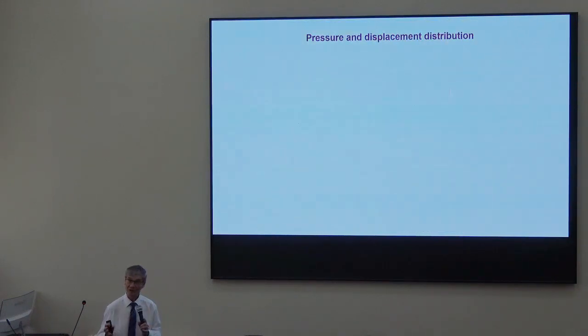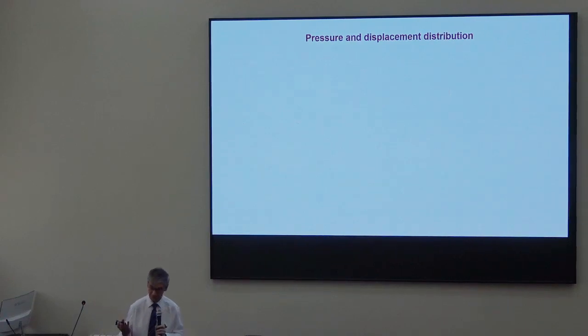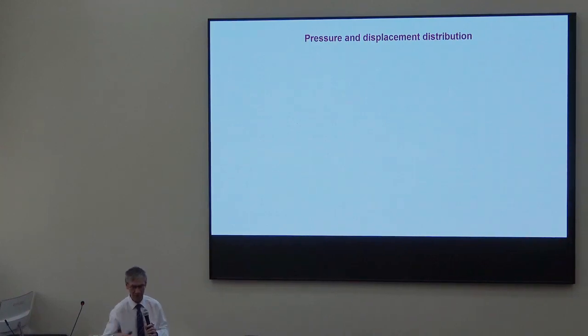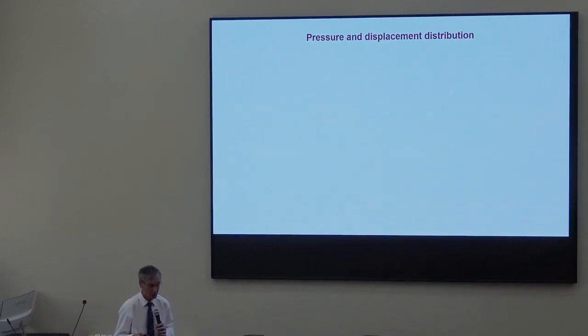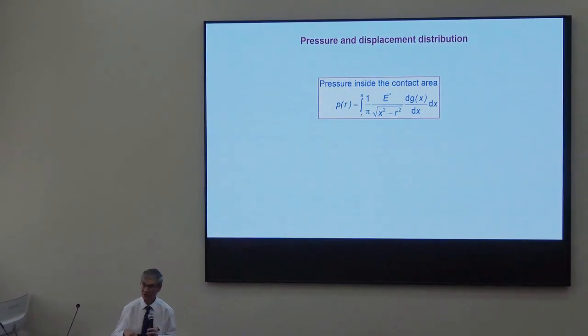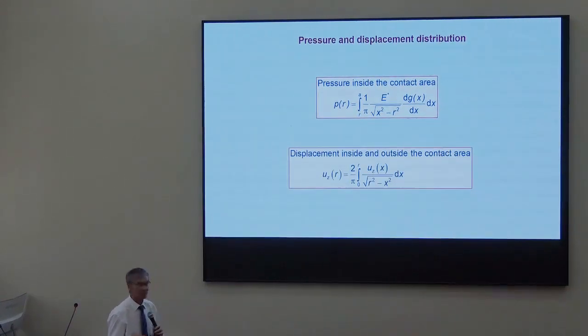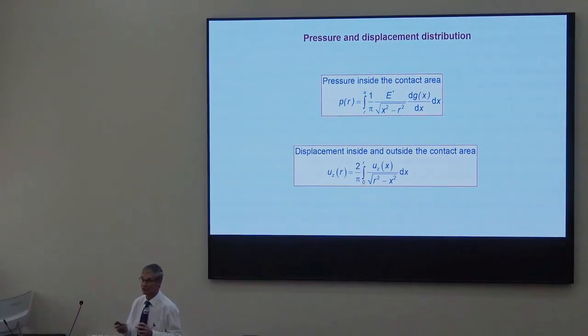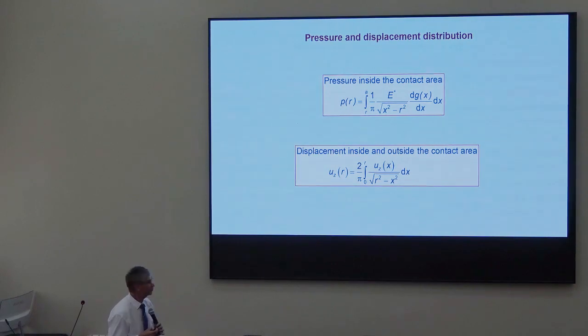But we remain a little bit with axisymmetric profiles. What we did till now is the relation between normal force, indentation and the size of the contact, but MDR allows also determination of the pressure inside the contact and the displacement of the surface outside the contact.